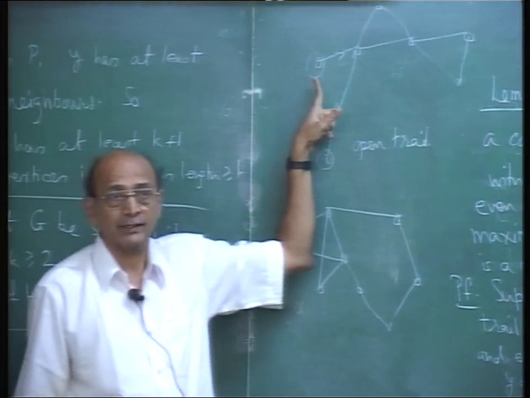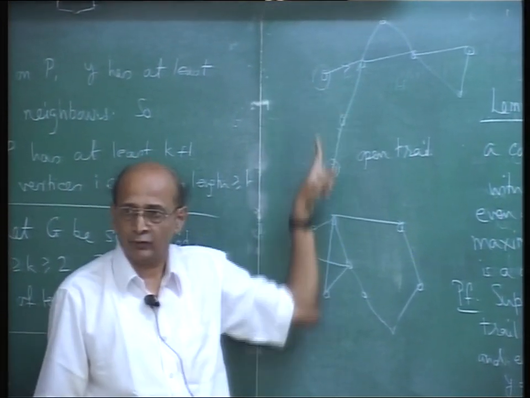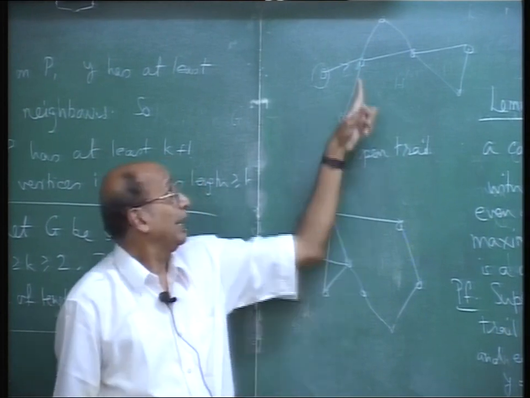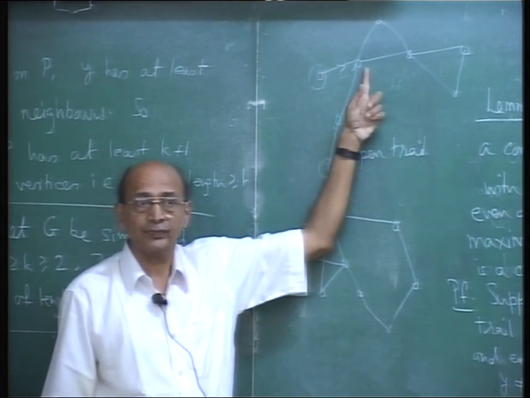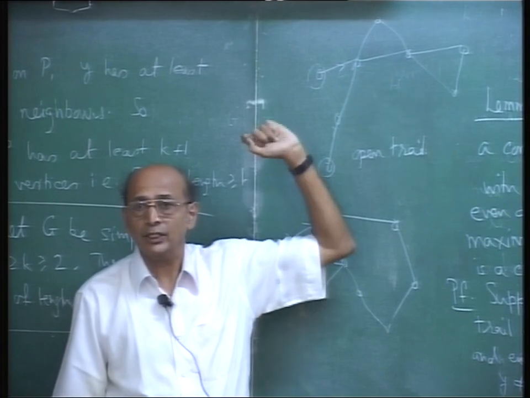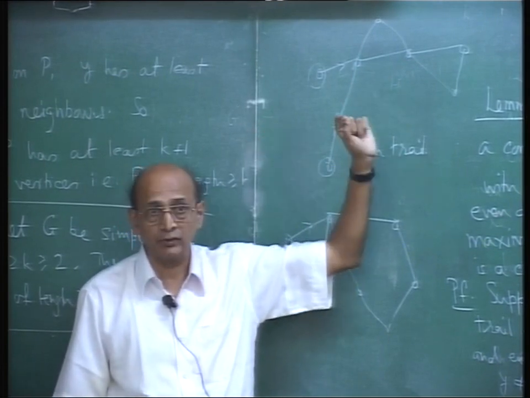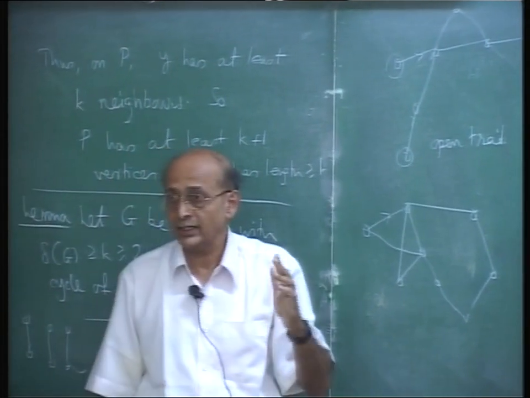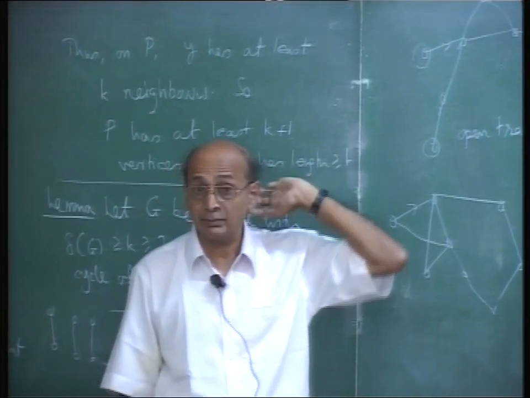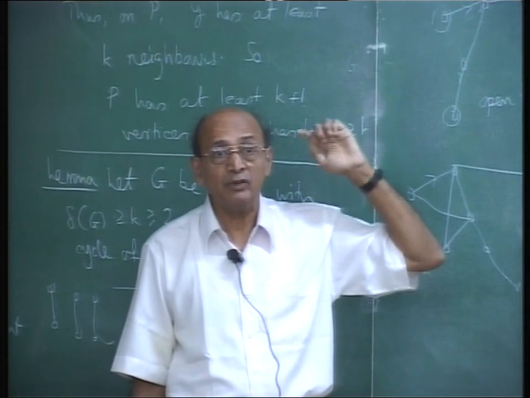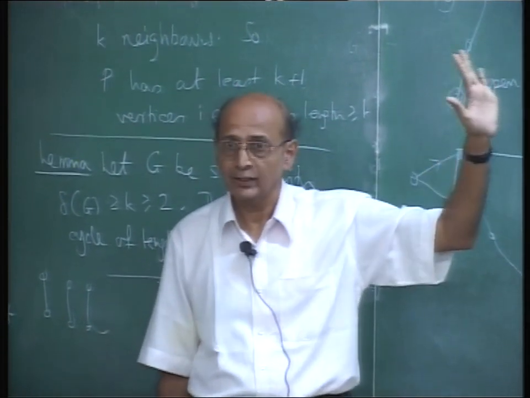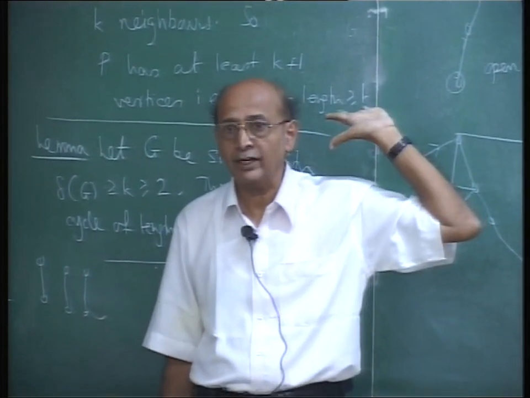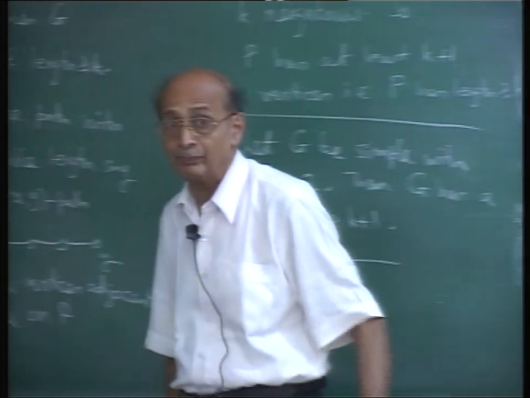Except for the vertex where you begin and the vertex where you end, at all the other intermediate vertices you would have visited them an even number of times. Once you enter that vertex and immediately you exit that vertex, enter, exit, this may happen. So there may be 50 entries and 50 exits, making a total of 100.